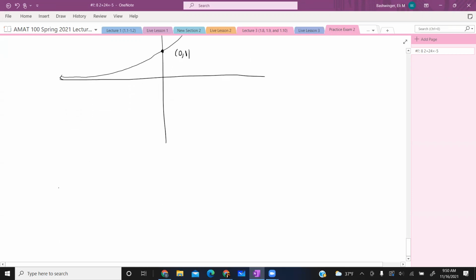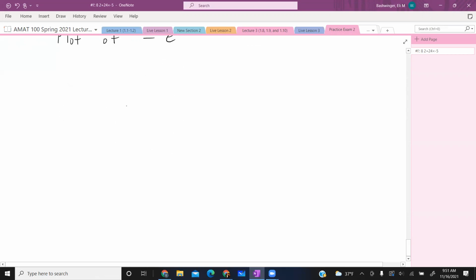So the first transformation we have to worry about is this negative. So we multiply e to the x by negative. So let's plot that, negative e to the x. When you multiply a function on the outside by negative, that corresponds to reflecting it over the x-axis. So the plot of this will look something like this.